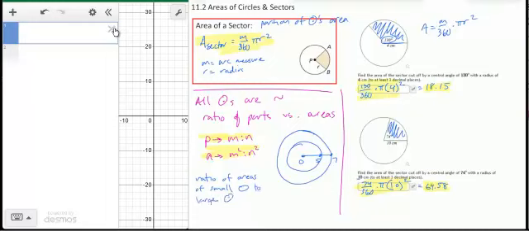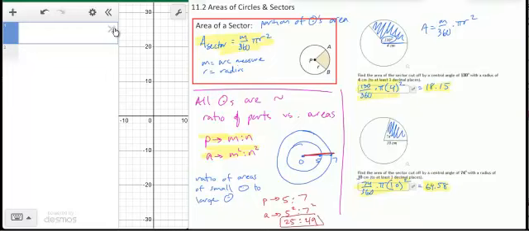So if I want to take that inner circle versus the larger, outer circle, what would be the ratio of their areas? Well, the first thing I would do is determine the ratio of their parts. So I have a radius of 5 for the inner circle and a radius of 7 for the outer circle. And from that, I could then calculate the ratio of their areas, right? I take 5 to 7, and I square that, and that gives me 25 to 49. So this would be my answer.